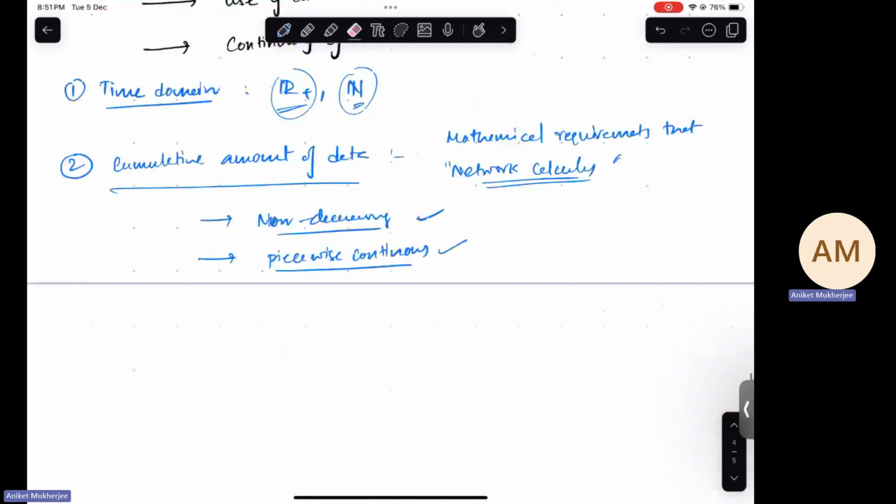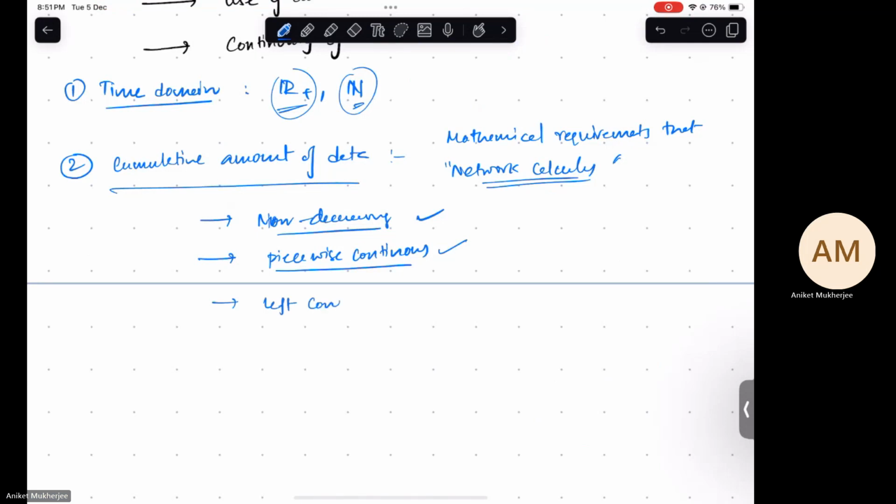Now the main part that we want to talk about is left continuous. So the discussion on left continuous begins with what does A(t) mean?